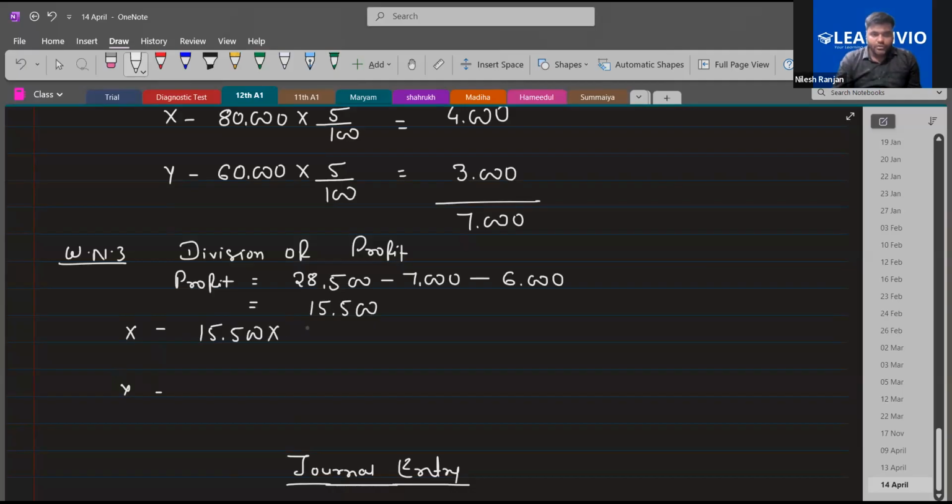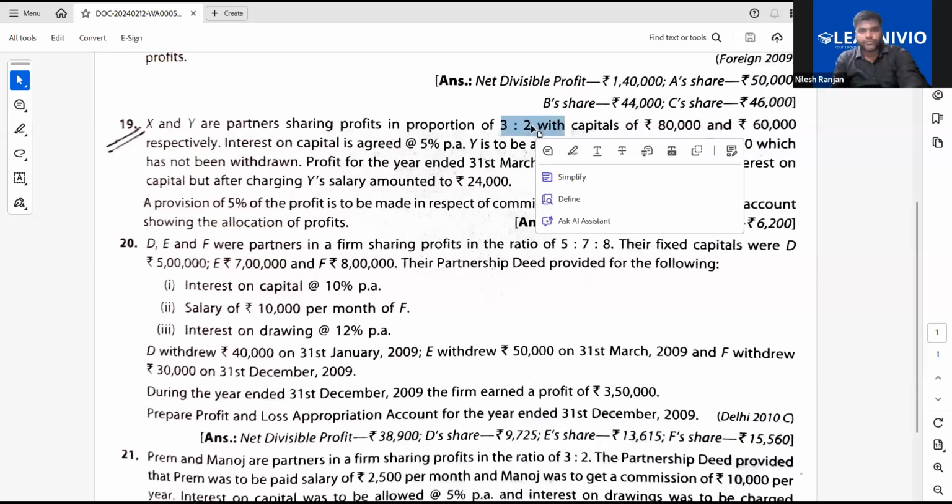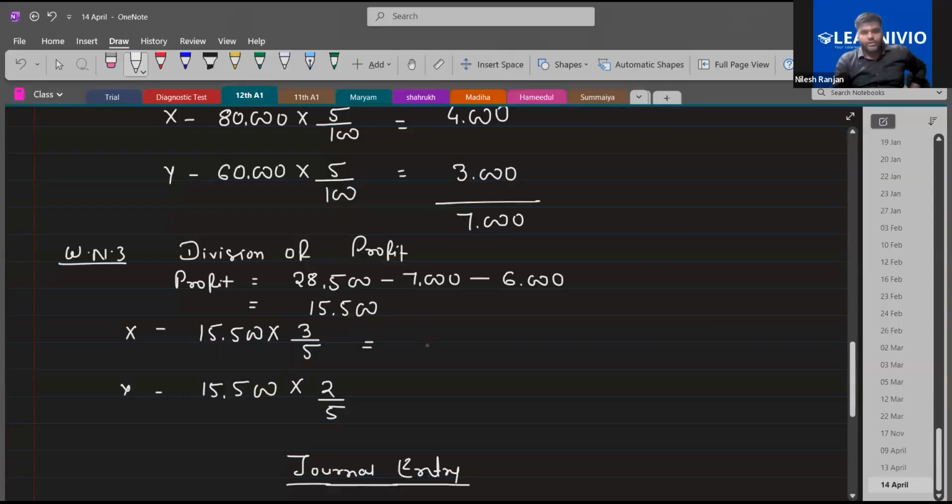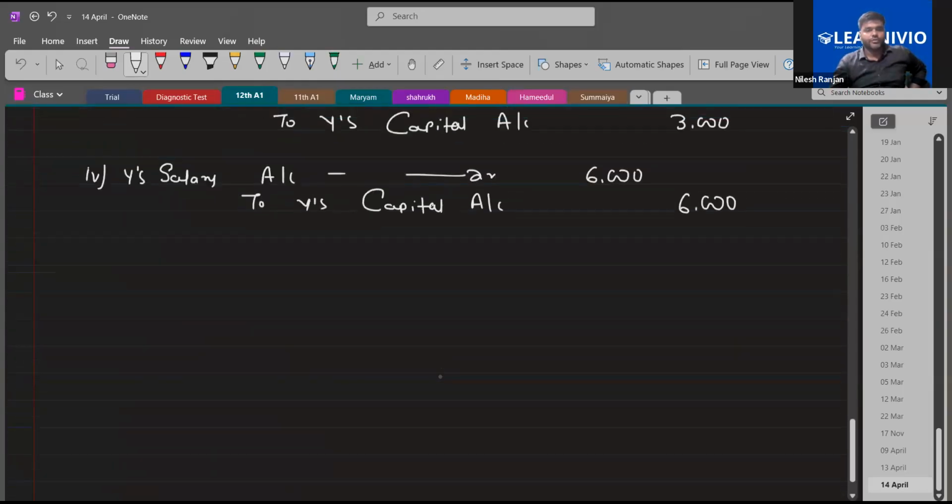15,500 into 3 by 5 and 15,500 into 2 by 5. Their ratio is 3:2. So now 3,100, it will be 9,300 and 6,200. So this is the amount we have to distribute.